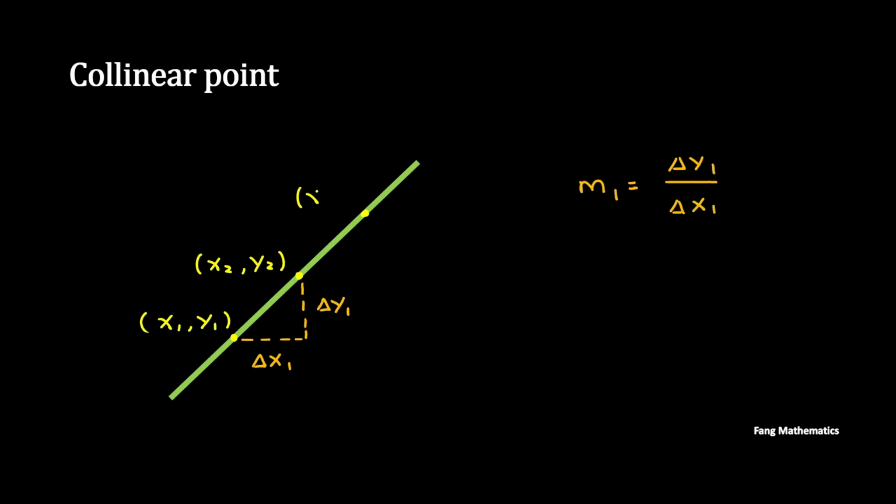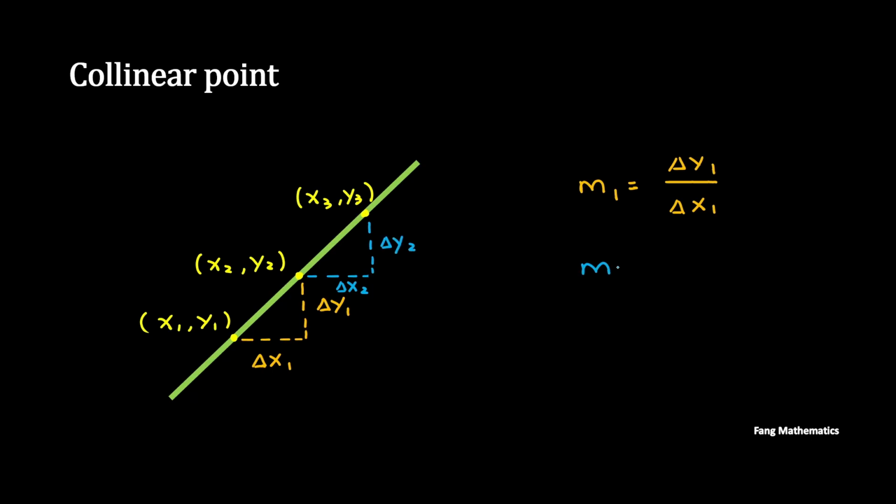And this point is x3 comma y3. And now I'm going to take the gradient in between x2, y2 and x3, y3. So I believe you should have somewhat like this. So you have change in x2 and change in y2.